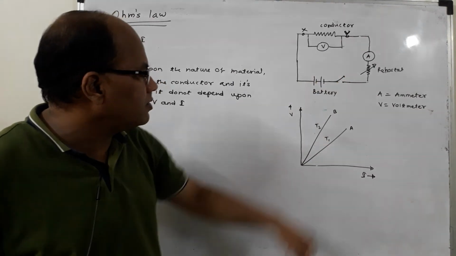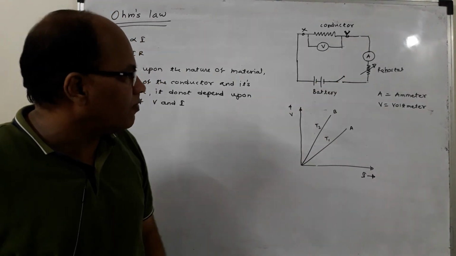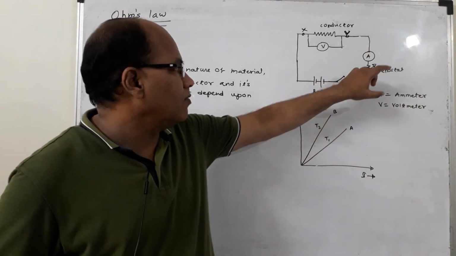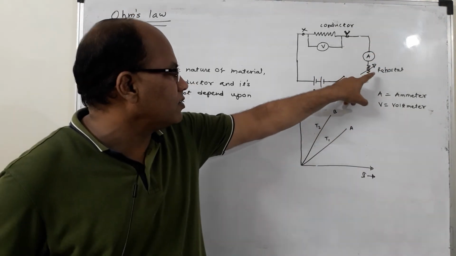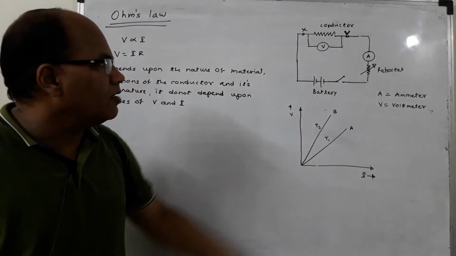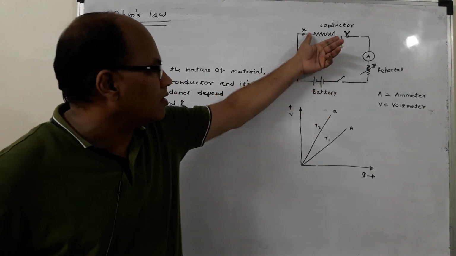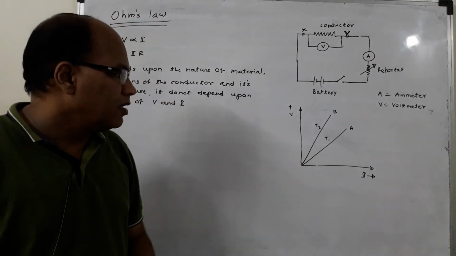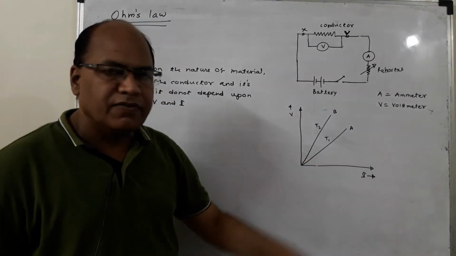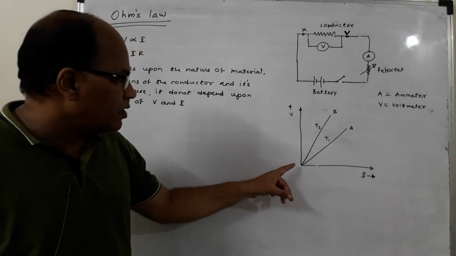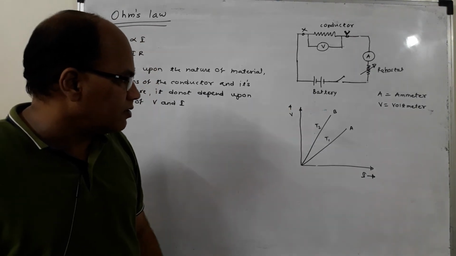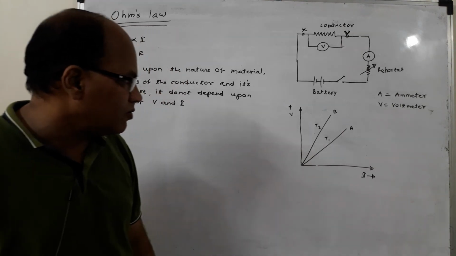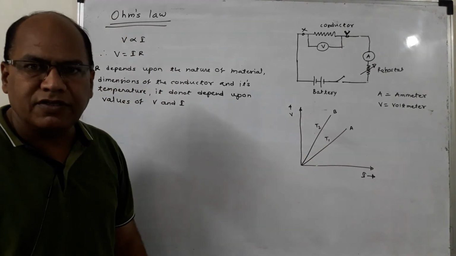When the key is pressed, the current starts flowing, and we can vary this resistance, and for different values of resistance we can measure the potential difference across the conductor as well as the current by means of this ammeter, and this data can be plotted as a curve. If potential difference is plotted along the y-axis and current along the x-axis, the graph appears to be a straight line.